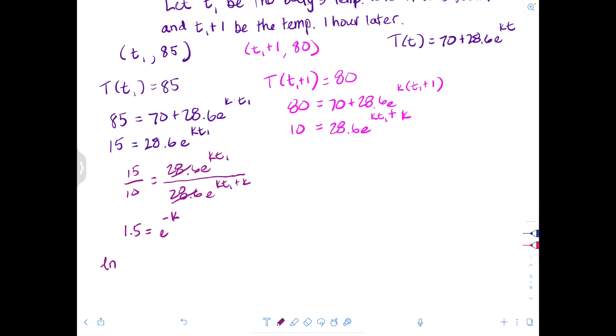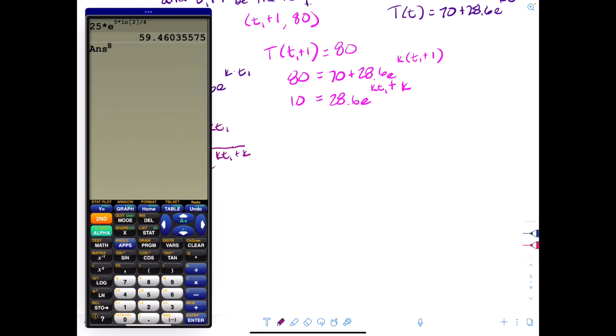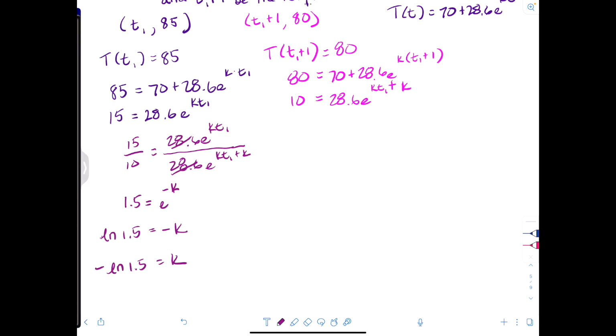Evaluating the natural log of both sides, we'll get natural log 1.5 is negative k, or negative natural log 1.5 is k. Finding that on our screen here, we get negative 0.4055 approximately.